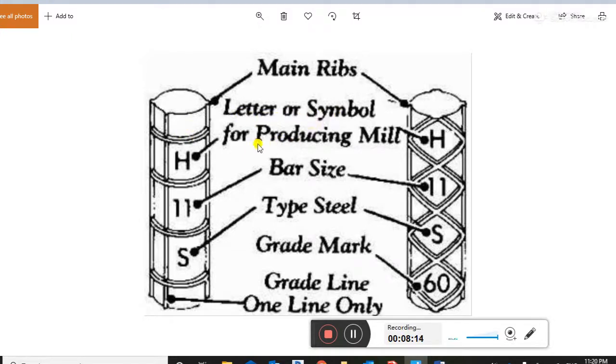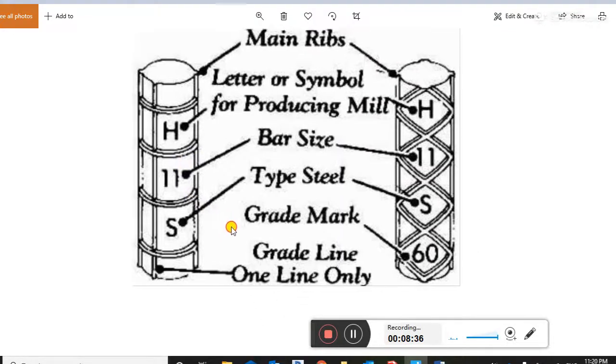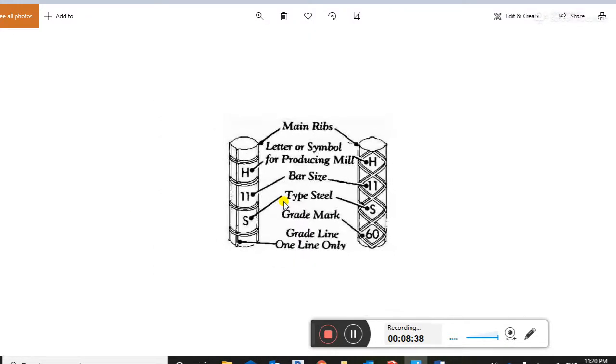Letters or symbols for producing mills: this H is the production mill symbol. This shows the bar size. This is the type of steel, and the grade of steel is 60 in inch-pound, and 60 in metric it is 420. This line shows the grade of steel only.